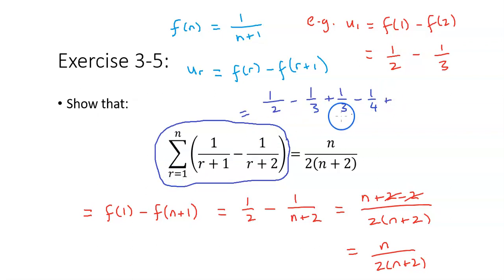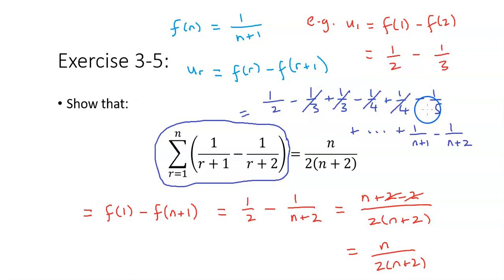And then when you put in r equals 3, it's going to be plus 1 over 4 minus 1 over 5. And then you go plus dot dot dot until you get to the nth term, so plus 1 over n plus 1 minus 1 over n plus 2. And then observe that everything cancels. That would be perfectly acceptable working in your exam as well. So you can do these however you prefer.